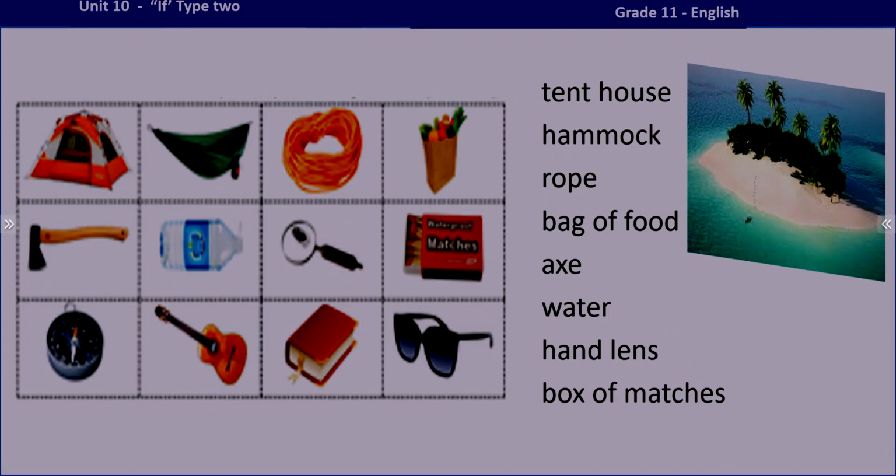Activity time. Now imagine. It's all about imagination. Imagine that you took an adventurous journey around the world and got trapped on a desert island. But don't worry. You see a box of things near the shore, right? You go close to the box and you are given a chance to choose whatever you need for your survival, because you are trapped on the island and you're going to survive there for how long, no one knows.